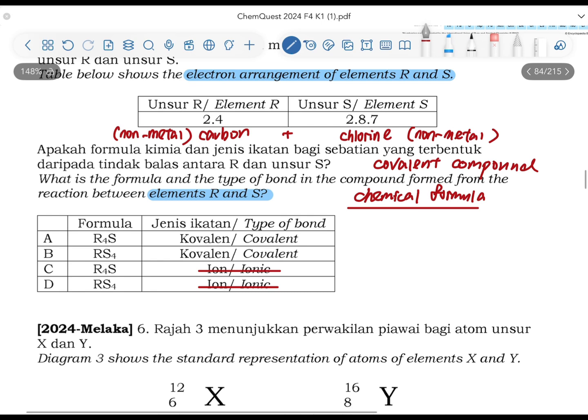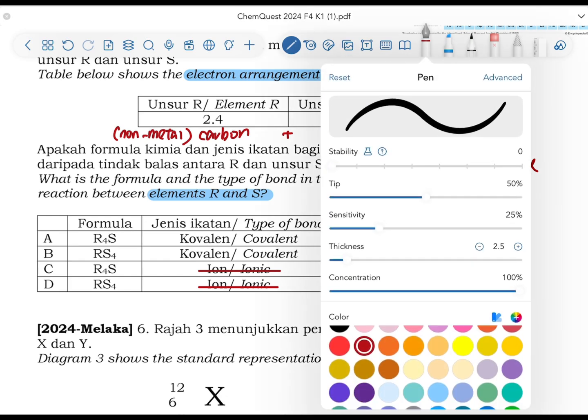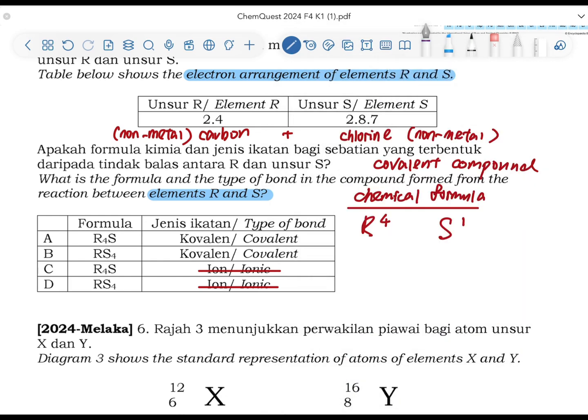So the answer would be R4S1. The reason is that carbon still has 4 electrons left to get its stable octet electron arrangement. Meanwhile, chlorine has 7 electrons in its valence shell, and it still needs 1 electron to achieve stability.